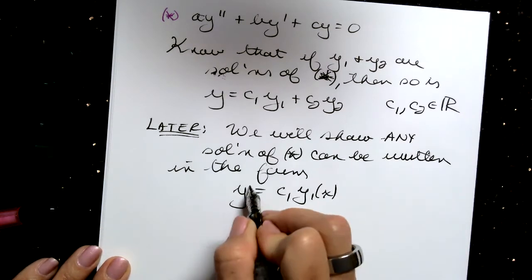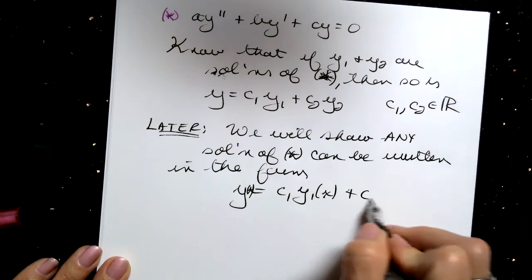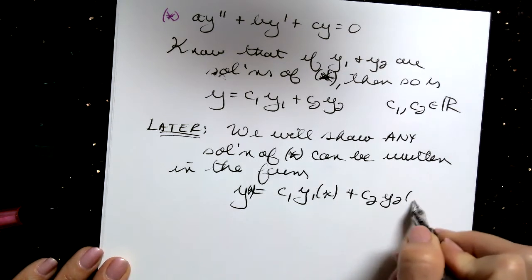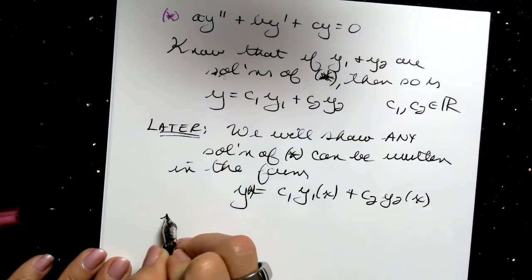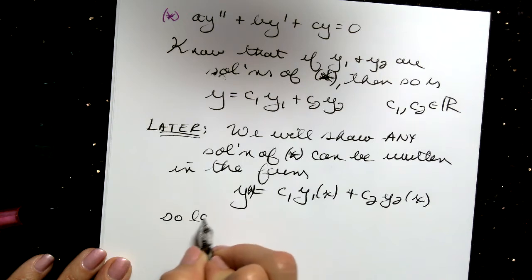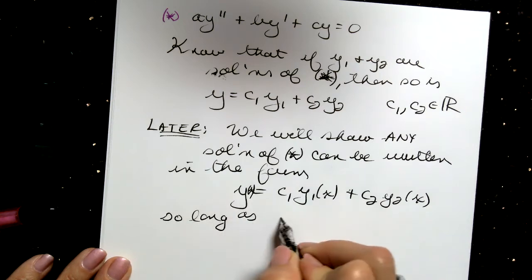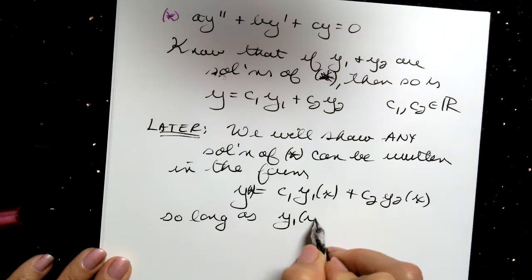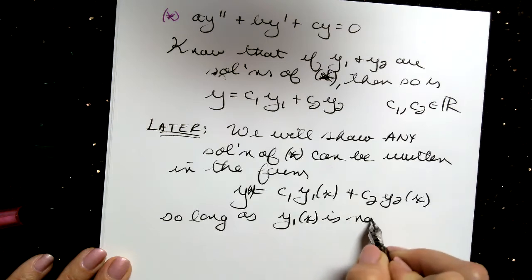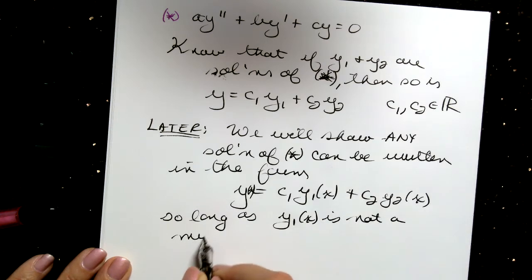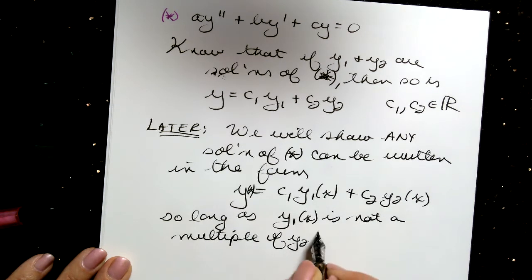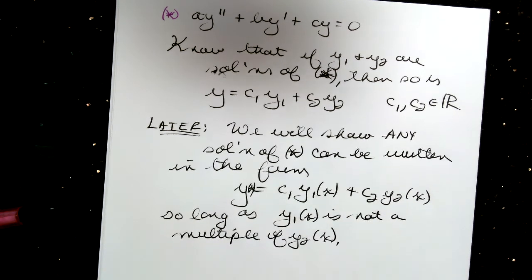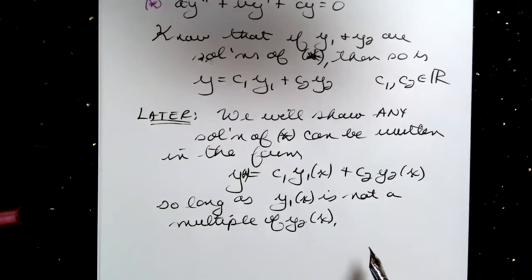And let me remind you that these are functions and the C1 and the C2 are constants. So long as y1 is not a multiple of y2. Now, that's not a very precise way of stating what we're going to say more generally later, but it's enough for right now, that y1 and y2 are genuinely different. One just isn't a multiple of the other.